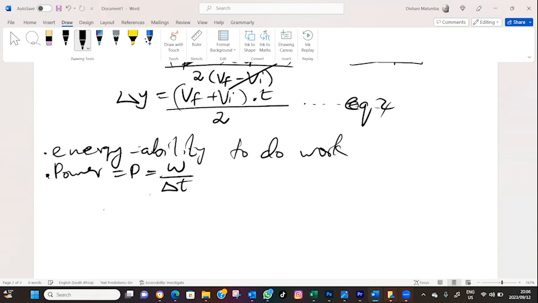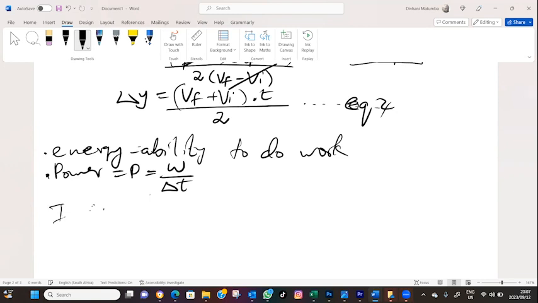We talked about impulse earlier on, and I said impulse can be given as the change in momentum, and we can use Newton's first and second law.